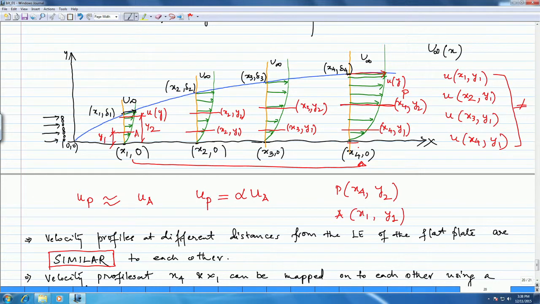Now, what will happen? The fluid particle right at the bottom here is going to stick to the surface, right. The next ones are slowly going to be shifted up. If I were to draw a streamline, it is going to go like that.